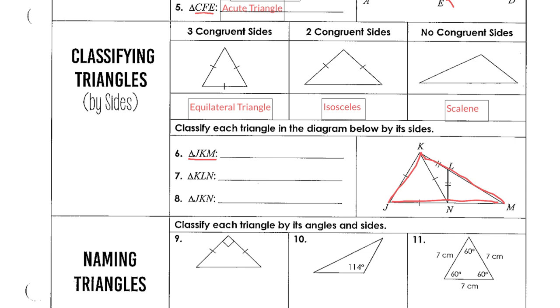So I know those two are different, so we definitely don't have an equilateral triangle here. And I don't believe that this side and this side are the same, because otherwise it would have told us with those marks. So I'm thinking all three of these are different, so I'm going to call that a scalene triangle, because all three are different.